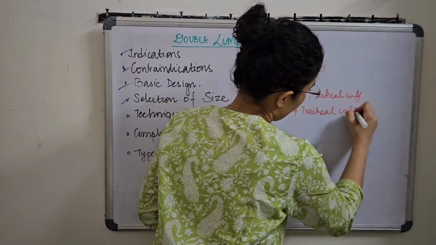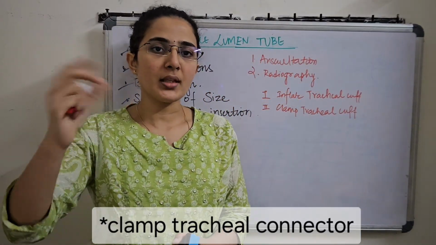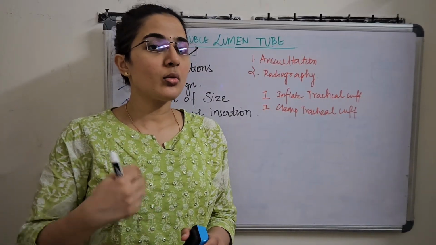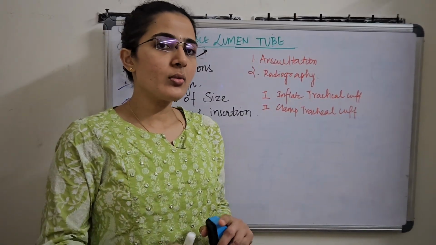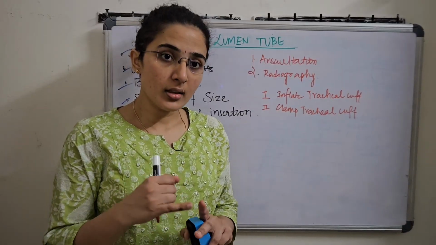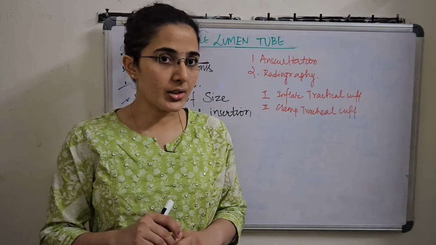Okay, once the tracheal cuff is clamped, we have to open the Y-shaped connector to the atmosphere, and we ventilate the lungs through the bronchial lumen. So before doing this, we have to inflate the bronchial cuff, look for the rise in the peak airway pressure, and look for the lung isolation.